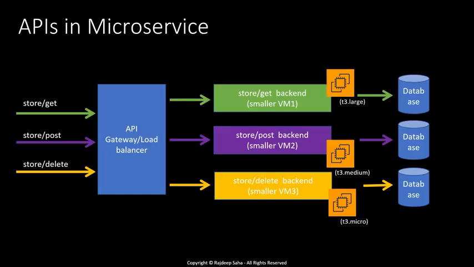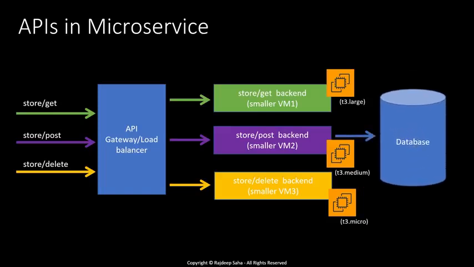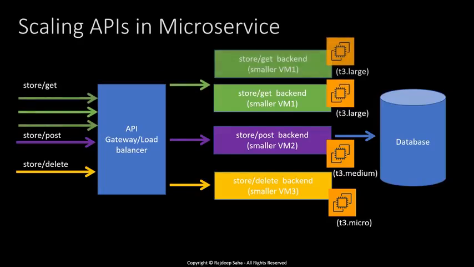So going back to our previous example where our code base is separate and it is using the same database, now let's say store/get traffic increases. Instead of scaling up all the three different EC2s, only the virtual machine that's running store/get backend needs to scale.